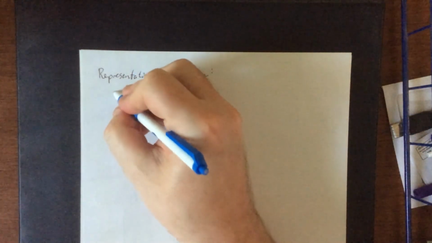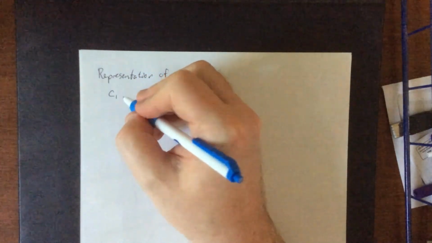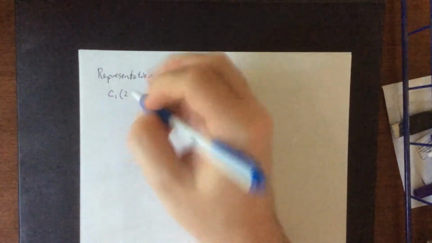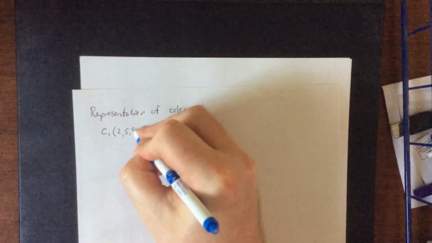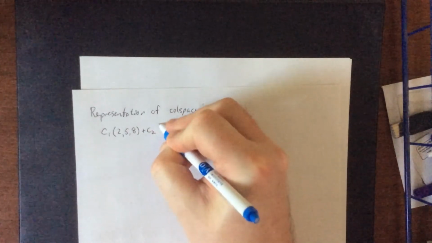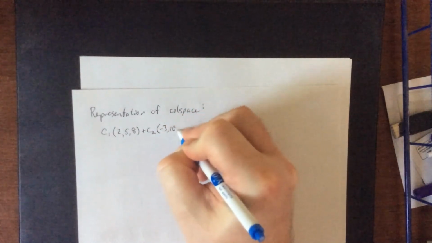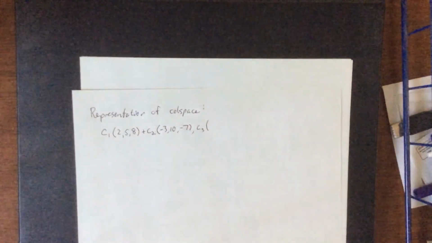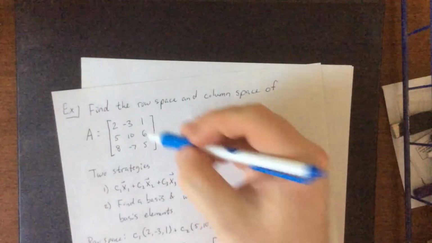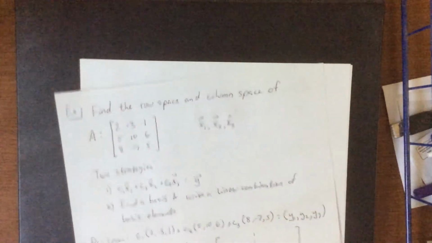what we'll be setting up is C1 times the first column, which was, oh boy, now I gotta go back and forth, 2, 5, 8, plus C2 times, I think it was -3, 10, -7, but I'm going to verify that, and then C3 times, I think it was 165, yeah, 165.